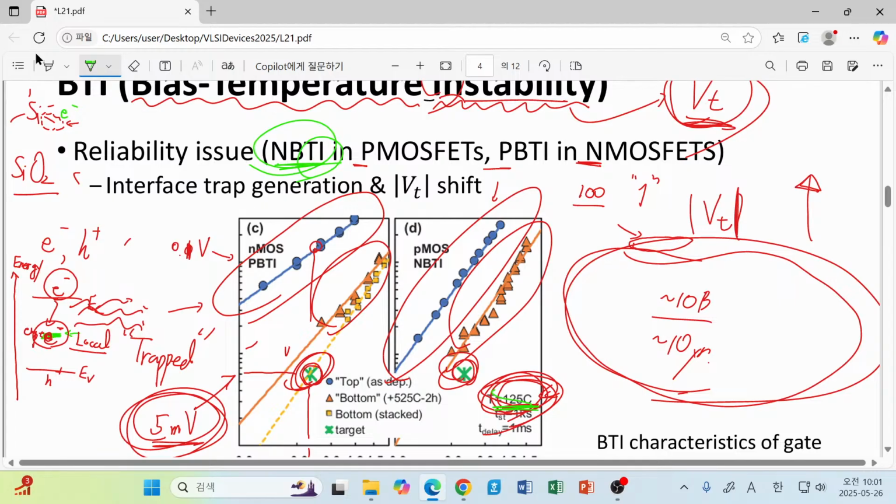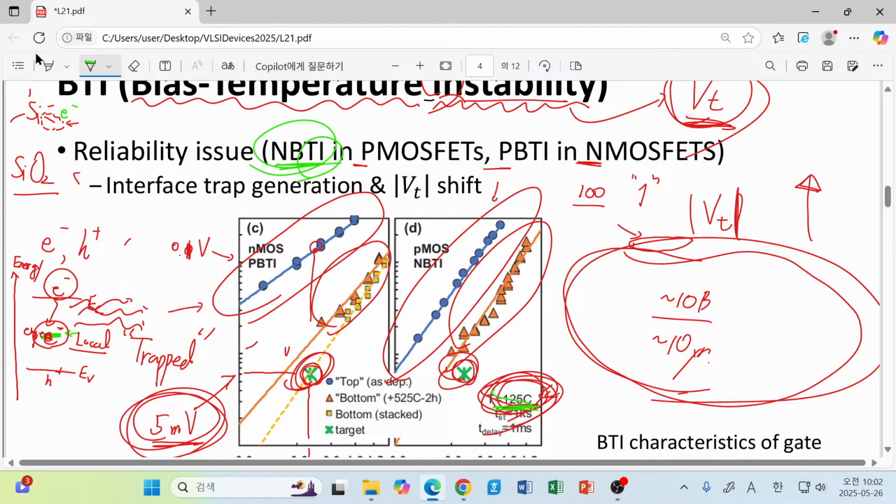Although BTI itself is well known and every related researcher can measure it, so there are tons of data, the problem is that this is so sensitive to the fabrication conditions and measurement conditions. So there is no definite model that universally explains all kinds of measured data.